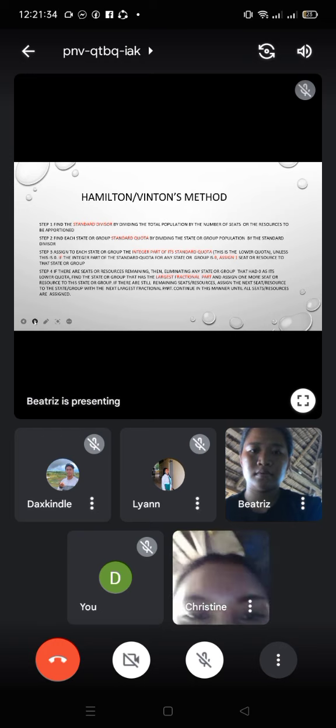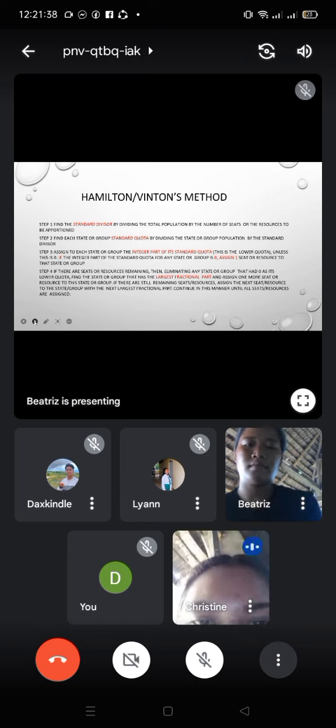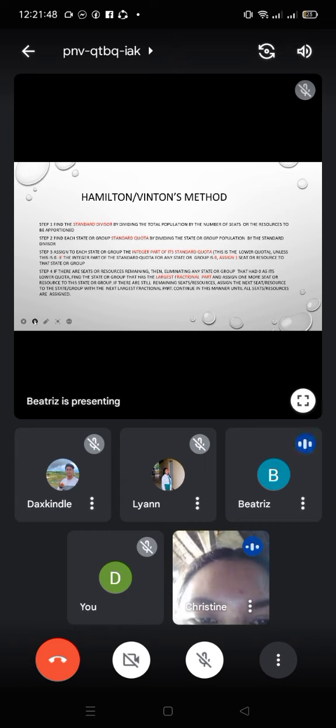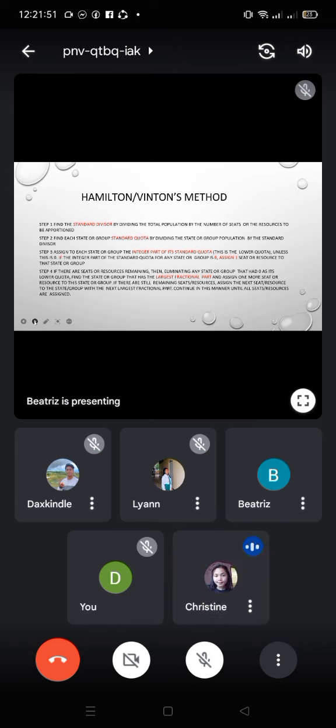Hamilton method. Step 1. Find the standard divisor by dividing the total population by the number of seats or the resource to be apportioned. Step 2. Find each state or group's standard quota by dividing the state or group population by the standard divisor. Step 3.